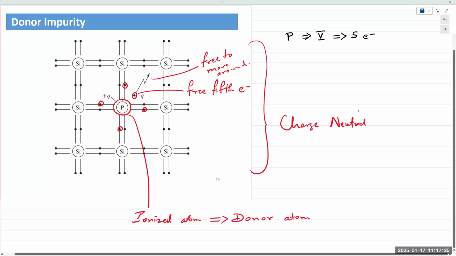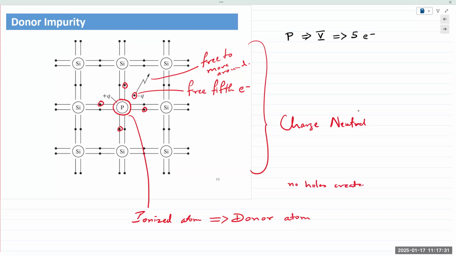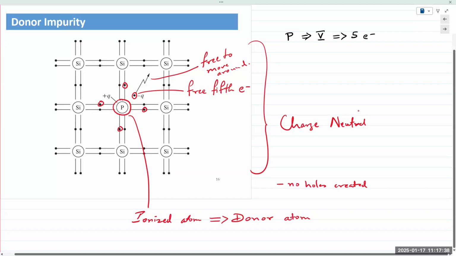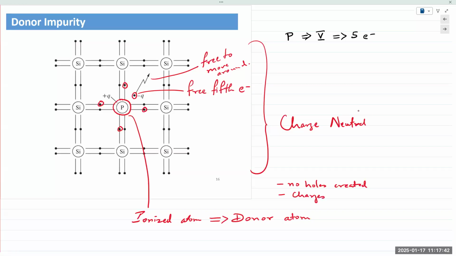So again, no holes are created, and the charges are balanced.